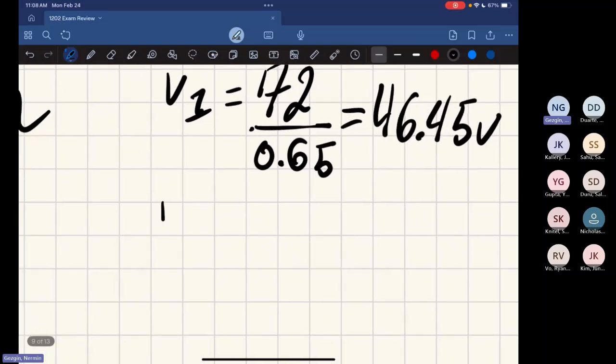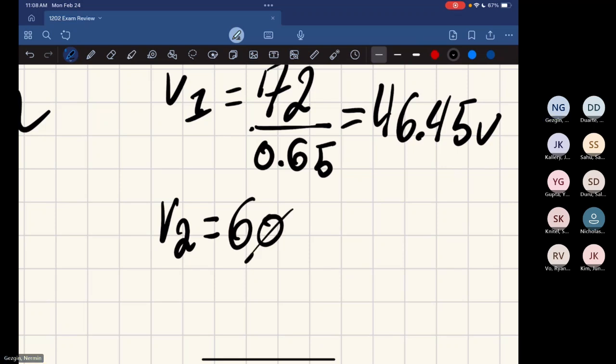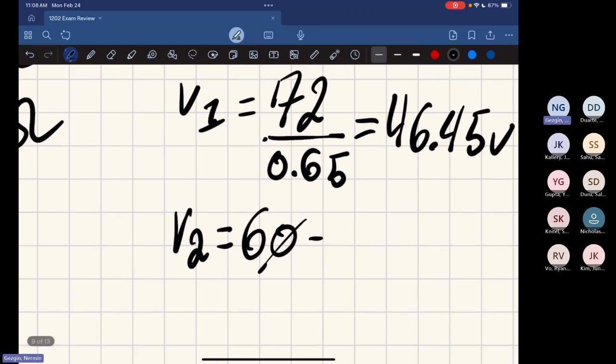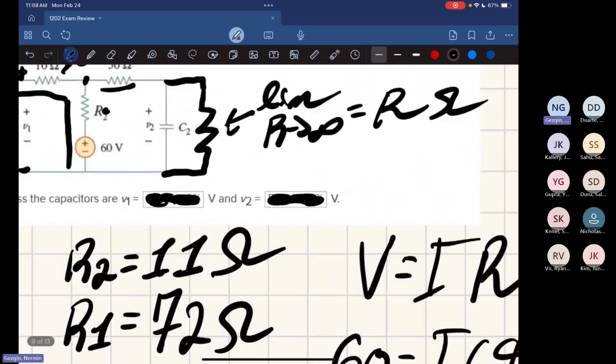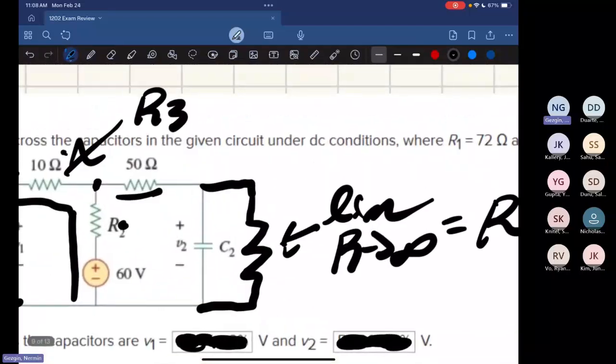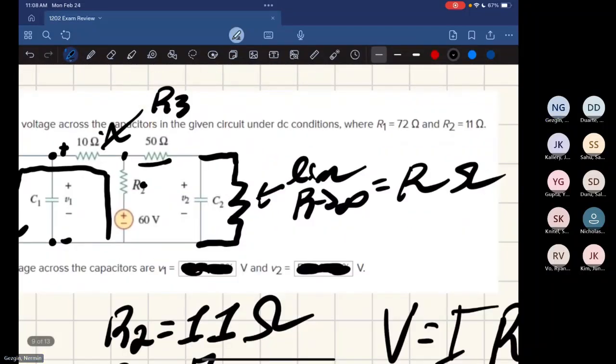To find V2, we take the voltage supply and then subtract the drop across R2 right there.